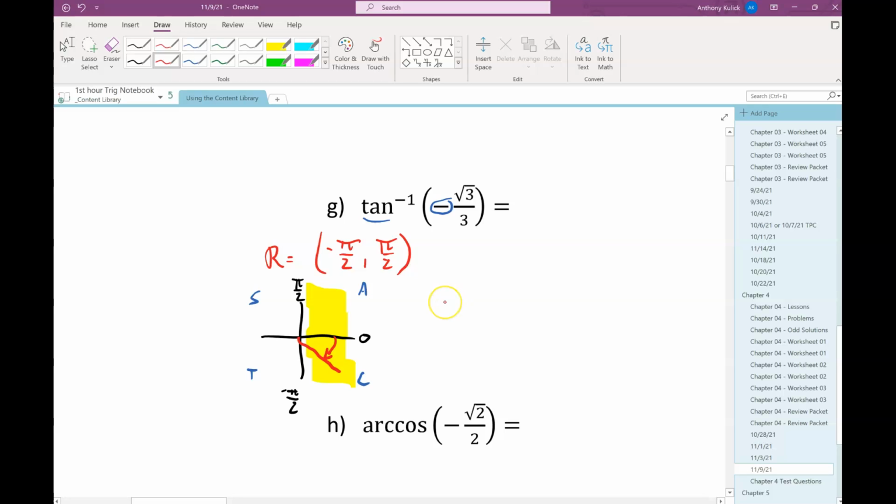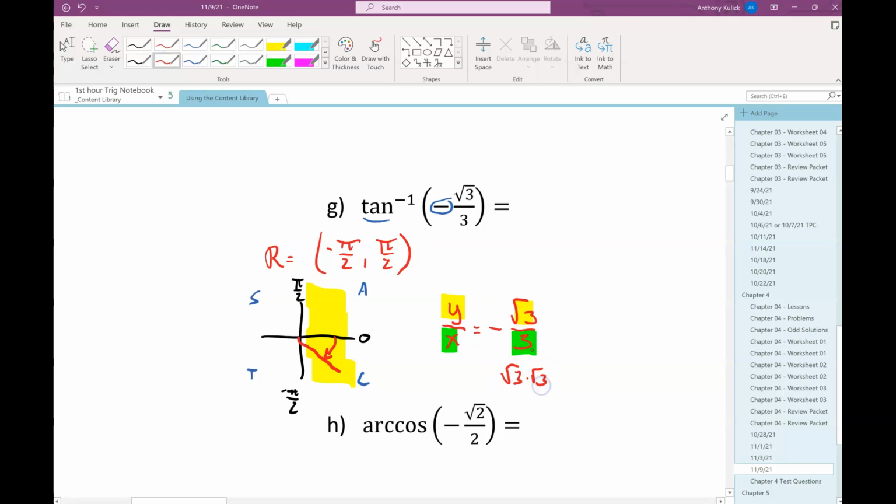Okay. So this asks for an exact value. So I remember that tangent is y over x. I'm going to be going to my unit circle and looking for the place where the y coordinate is root 3 and the x coordinate is positive 3. But there's no place on the unit circle that has any coordinate with a regular 3 in it. So I know I'm going to have to do some reducing here to make this work.